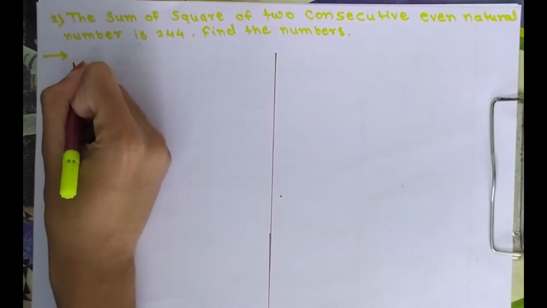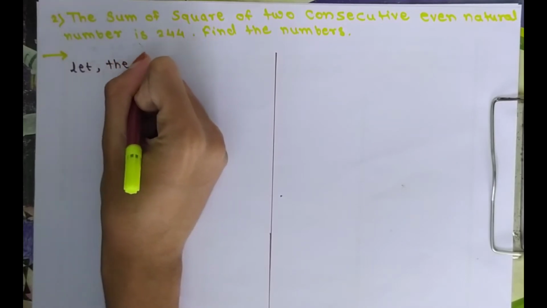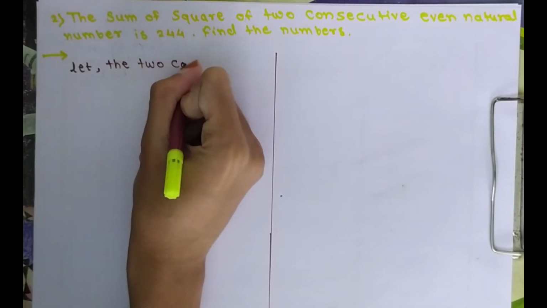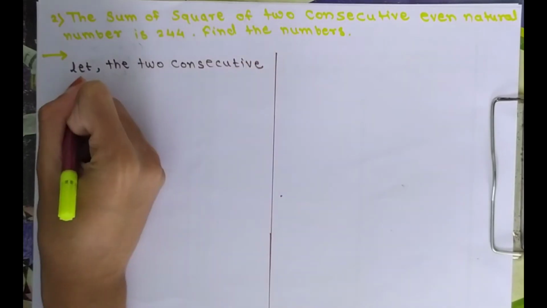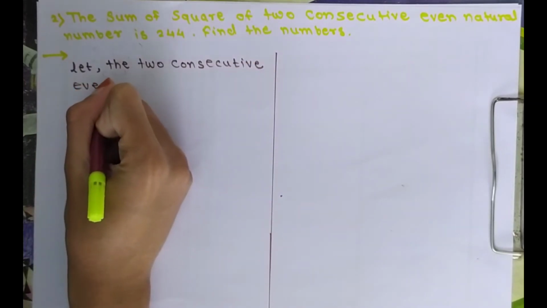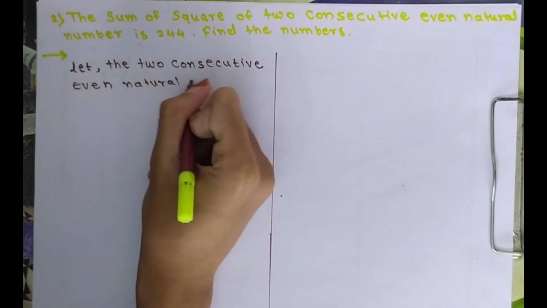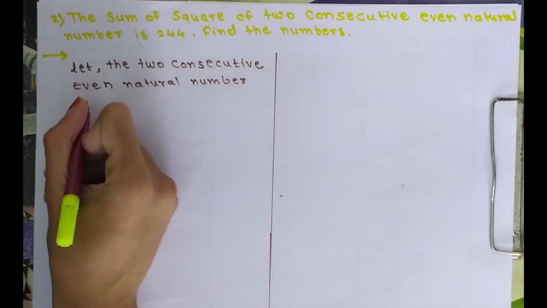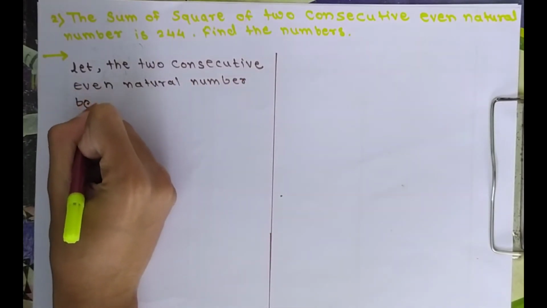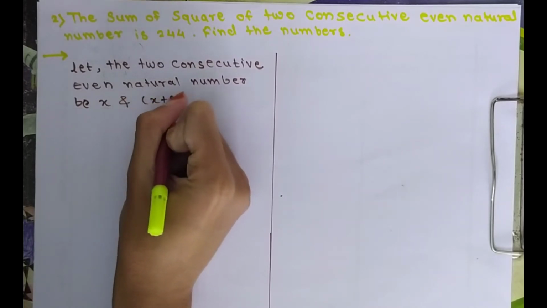So let the two consecutive even natural numbers be x and x plus 2.